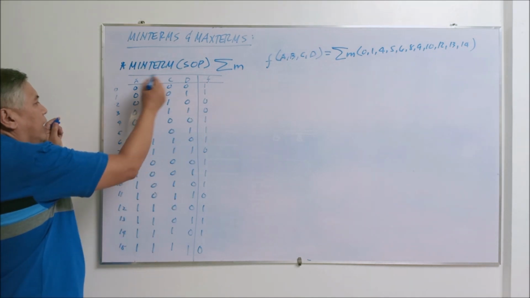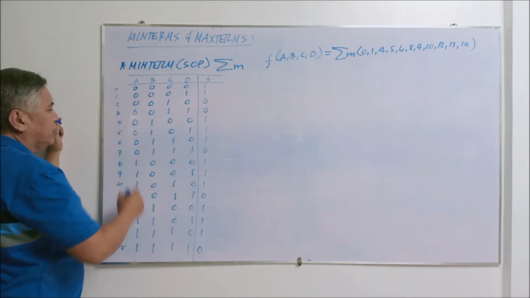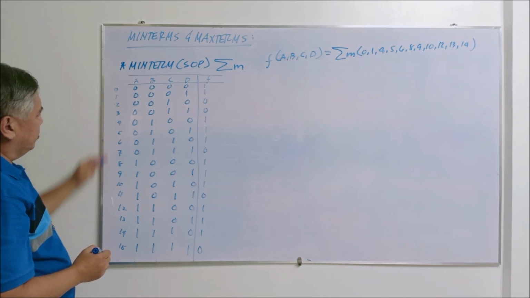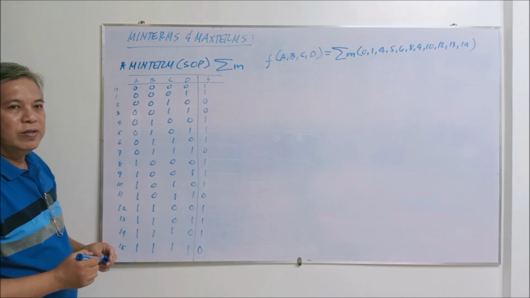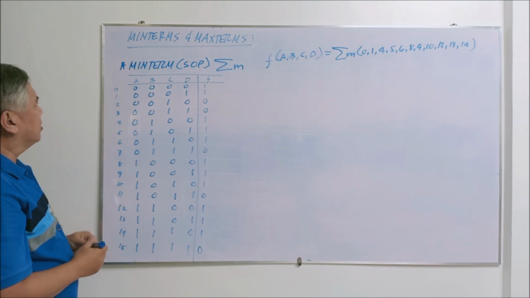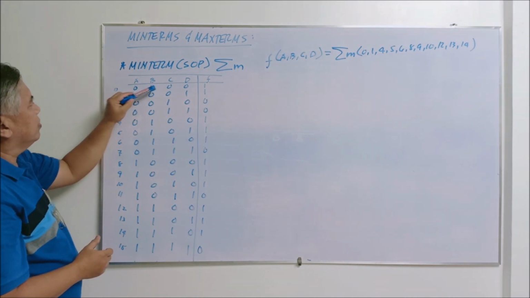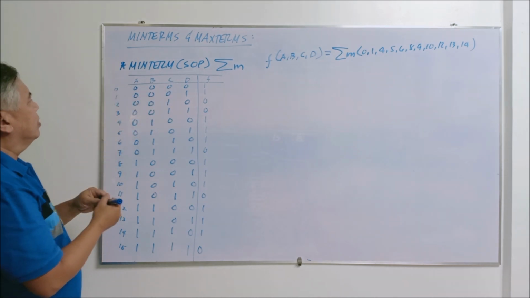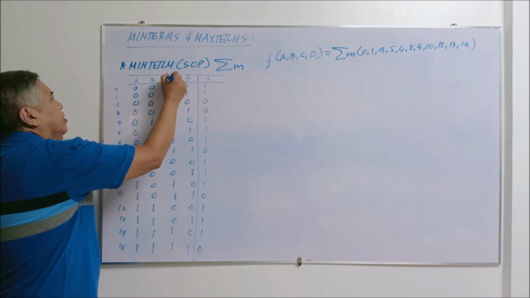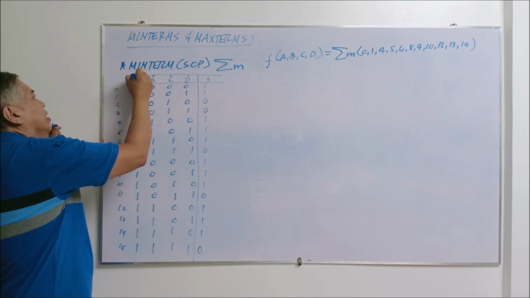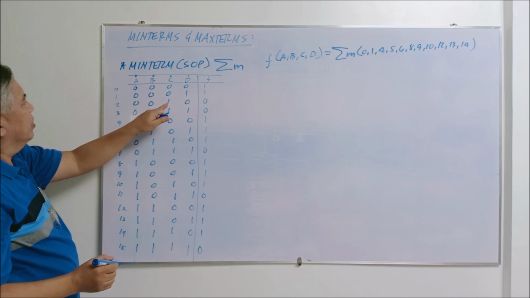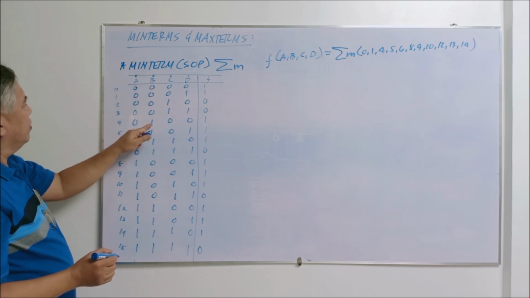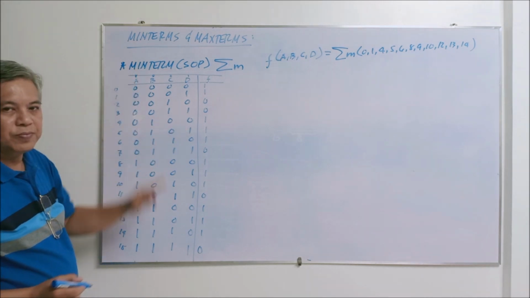By the way, how do we obtain the combinational values here? All we have to do is convert these decimal values into 4-bit binary form. So for example, 0, 0, 0, 0, then 0, 0, 0, 1, then 2, 3, 2 plus 1, then 4, 5, and so on.